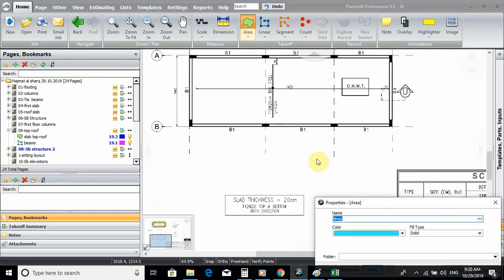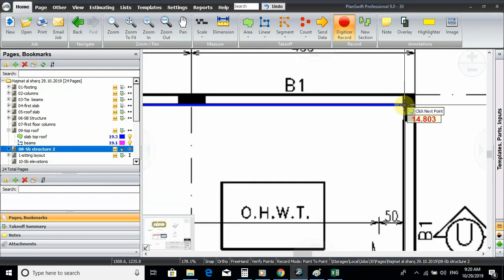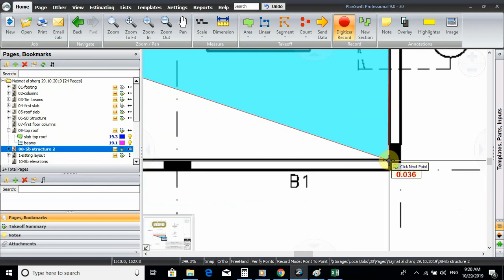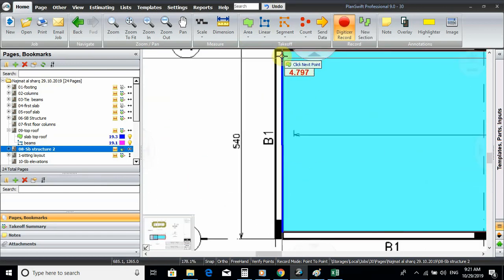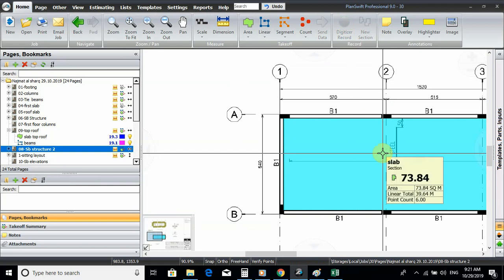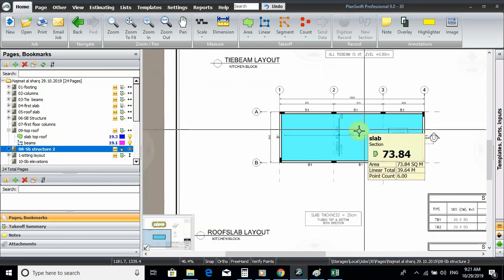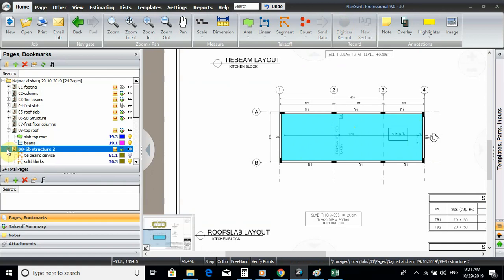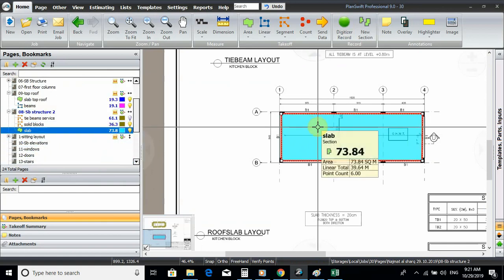Okay, slab for the service block. Here it is. This is the slab for the service block. I don't prefer looking from here, but because I take it as one piece, I can look from here. Usually you have to look from here, but it's one piece, so no problem.